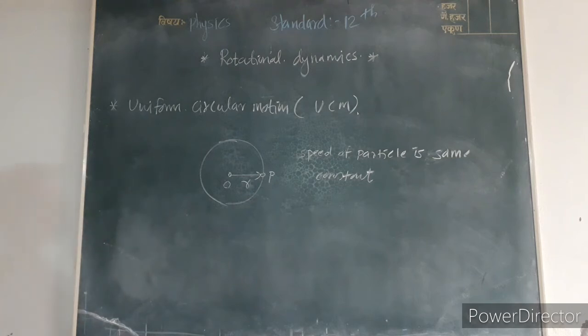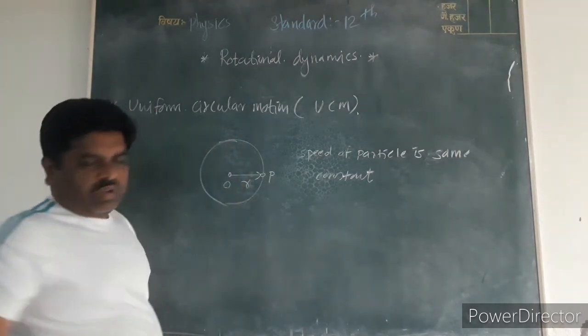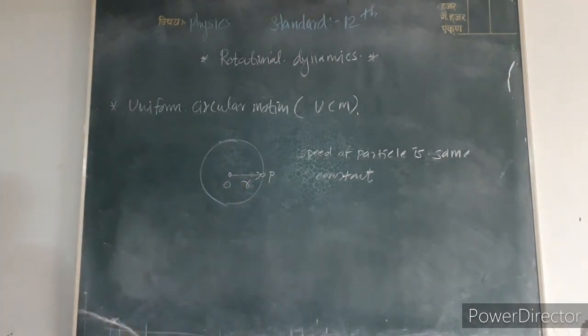In uniform circular motion, the speed of the particle is the same or remains constant.